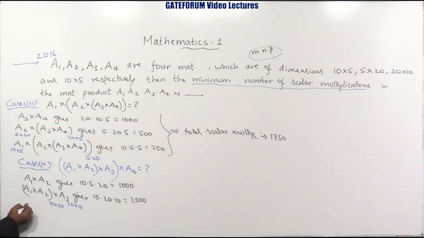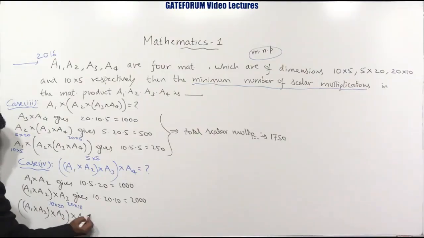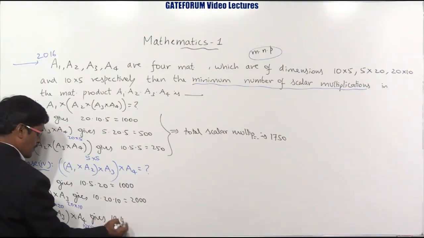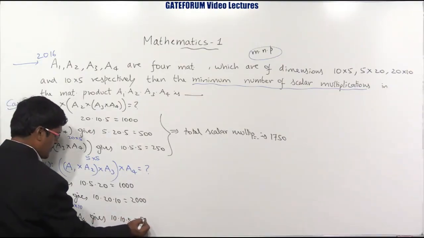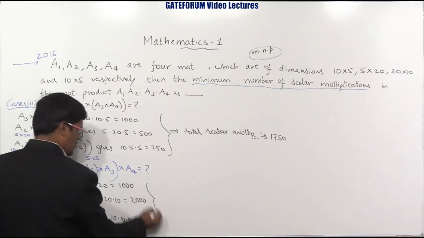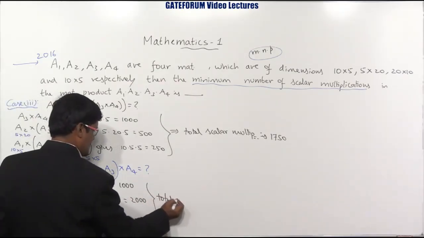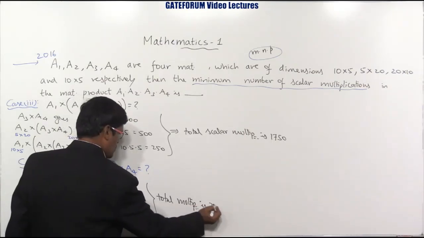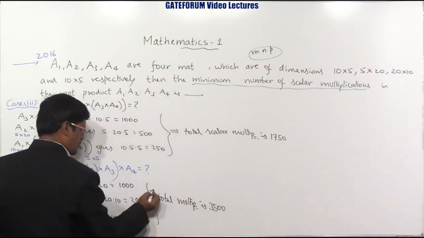Next, finally, A1 into A2 into A3 into A4 gives this order 10 into 10, A4 order is 10 into 5. Compare with M into N into P gives 10 into 10 into 5, that is 500. Altogether, total multiplications is 3500, which is greater than all cases above.